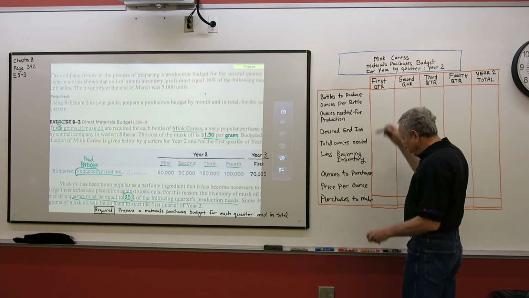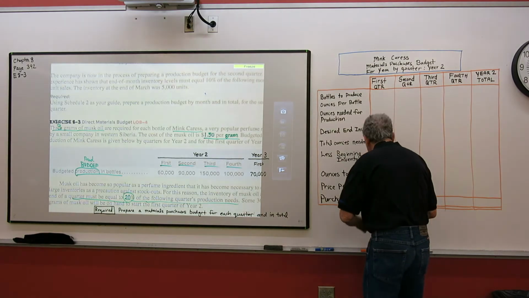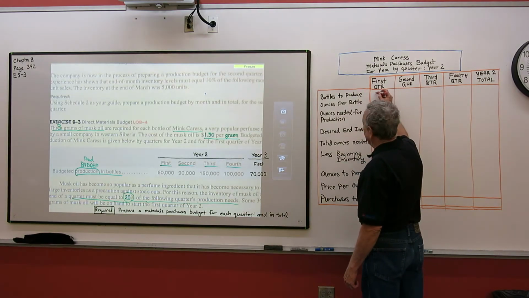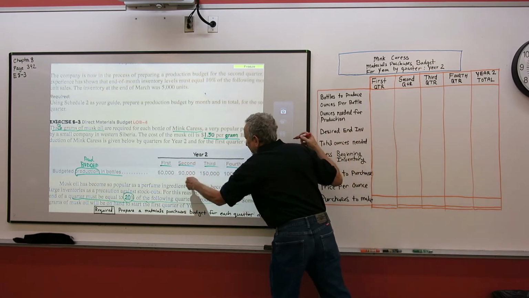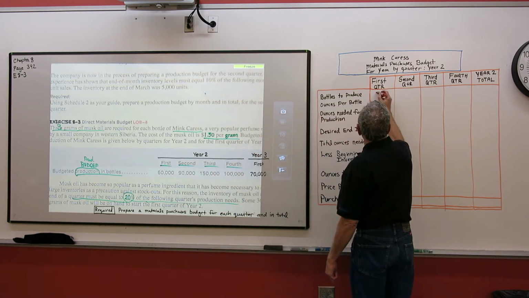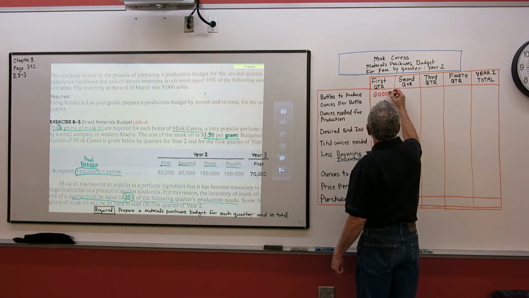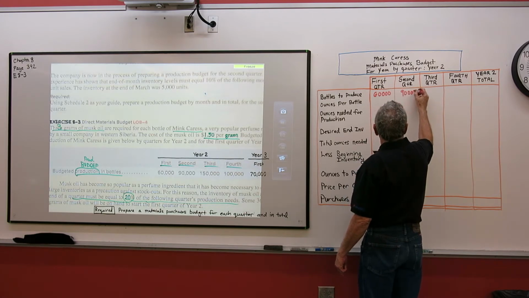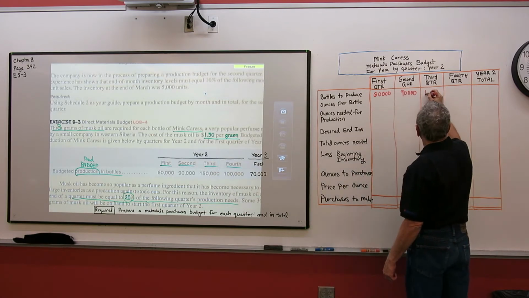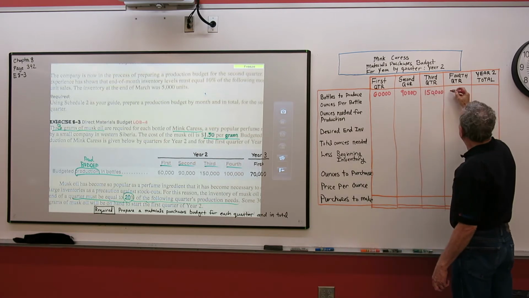Let's take the bottles to produce. In this case it's 60,000, 90,000, 150,000, and the fourth quarter is 100,000.